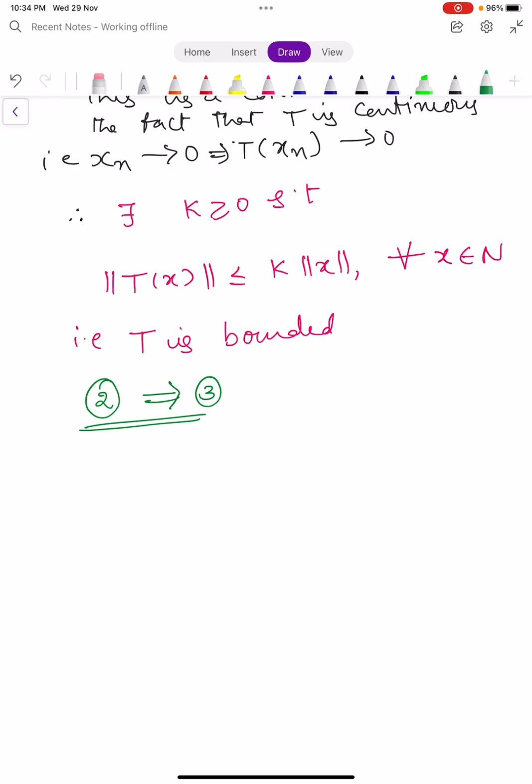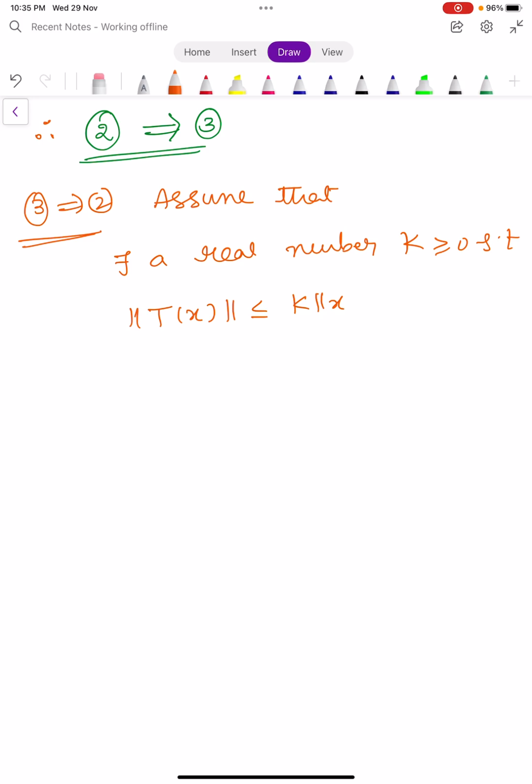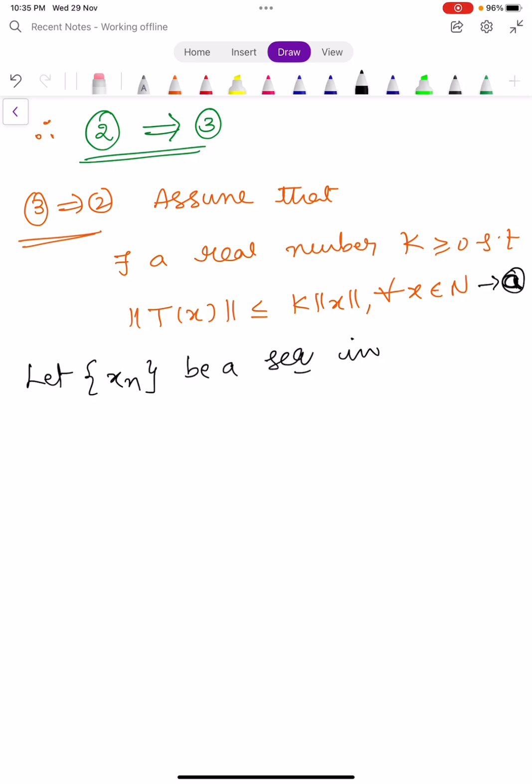Next we have to prove that 3 implies 2. To prove that 3 implies 2, assume that there exists a real number k greater than or equal to 0 such that norm T of x is less than or equal to k into norm x for all x belonging to capital N. Let it be inequality equation A. Now let xn be a sequence in the normed linear space capital N which converges to 0.